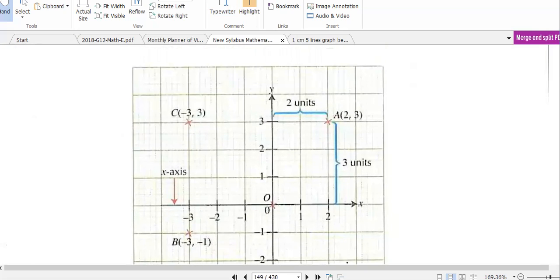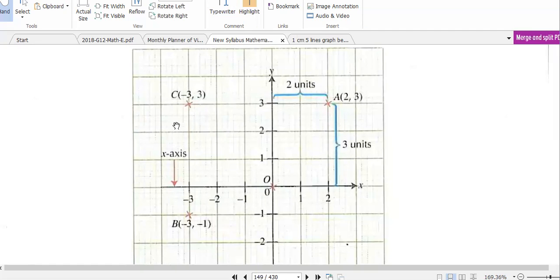So you can have an idea of how to plot the points. This point is (2, 3), so you can see that from origin it is two steps ahead along x-axis and 3 steps or 3 units above on the y-axis.